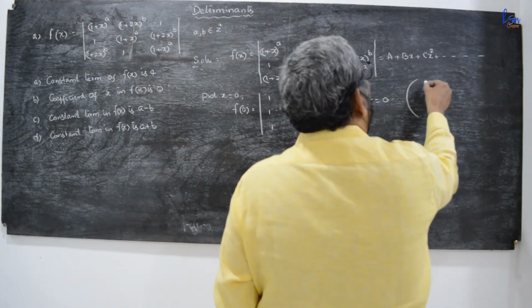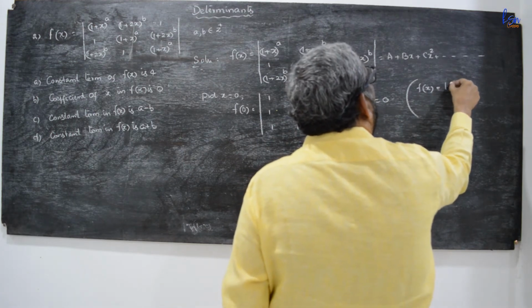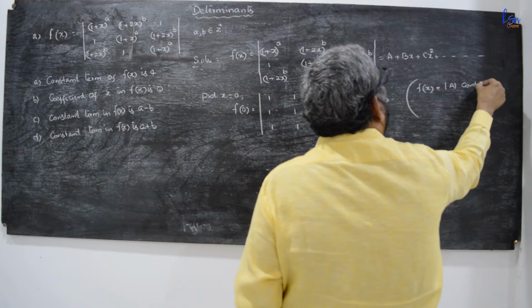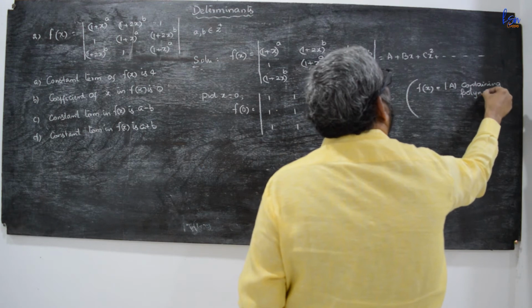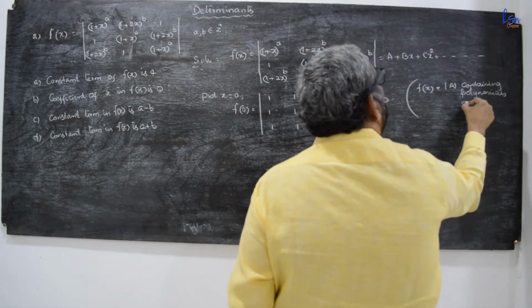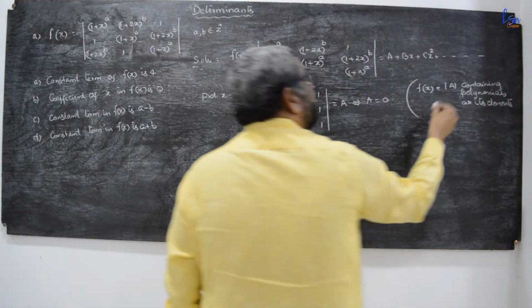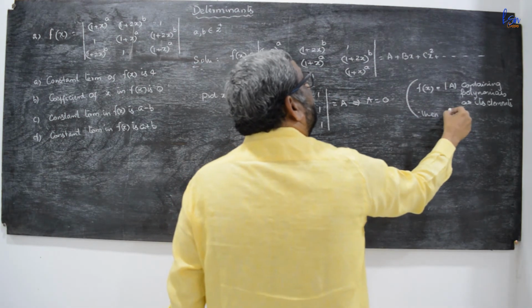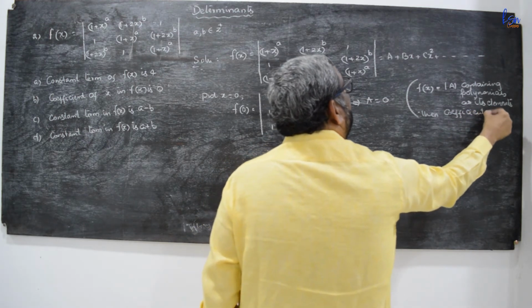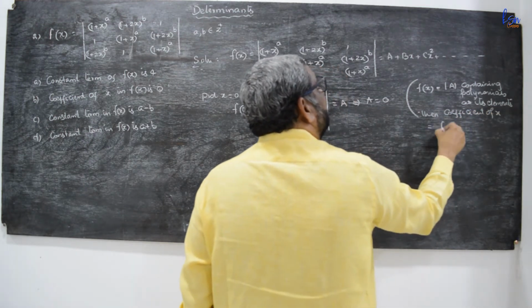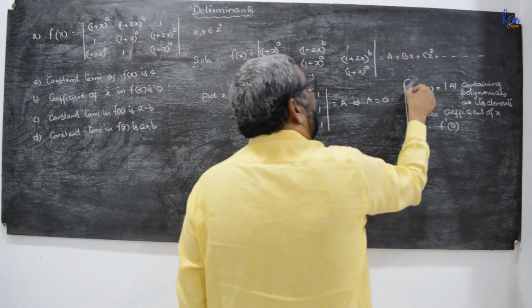That is, if f(x) is equal to det A containing polynomials as its elements, then number 1, coefficient of x is equal to f dash 0.